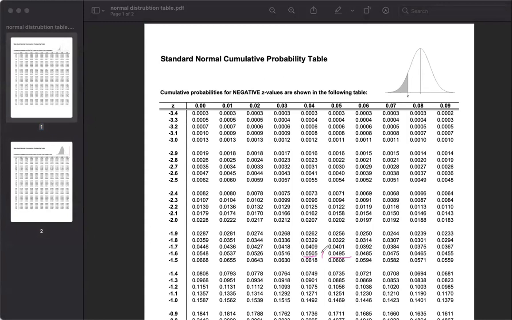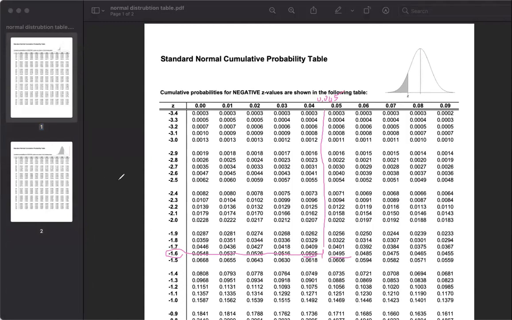So what's the Z-score associated with that? Go over to the left, negative 1.6, and go up to the top row. Halfway between 0.04 and 0.05 is 0.045.